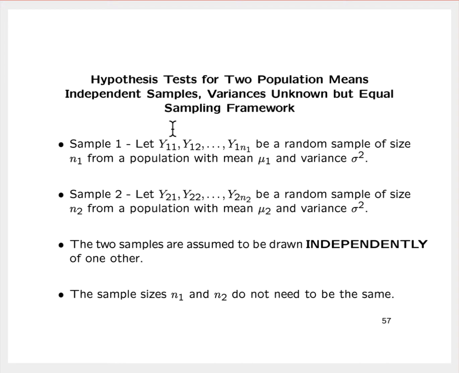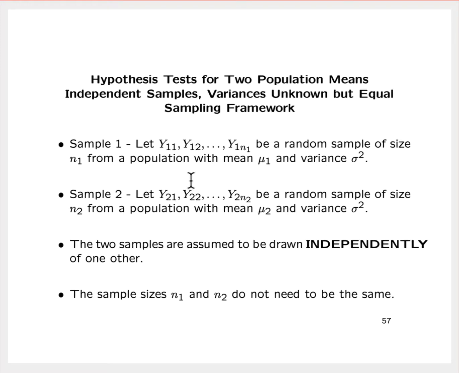So for example, y11 is the first observation in the first sample, y12 is the second observation in the first sample, and so forth out to y sub 1 comma n1, which is the last observation in the first sample. This is a random sample of size n1 from a population with mean mu1 and variance sigma squared.